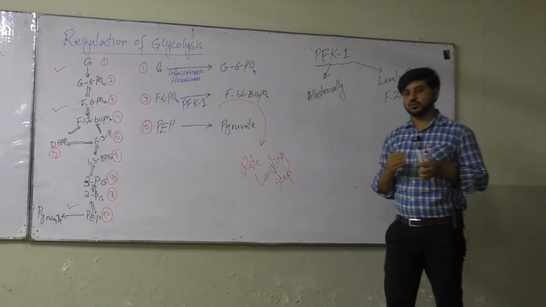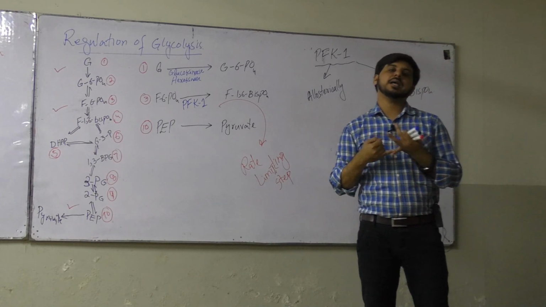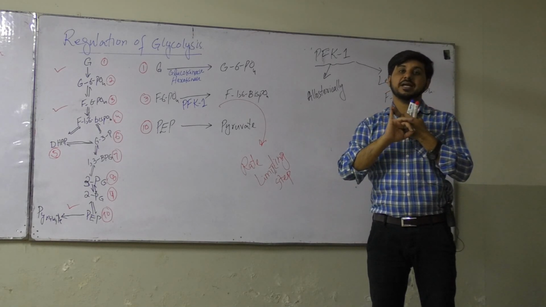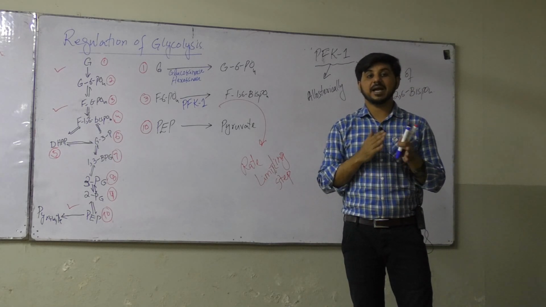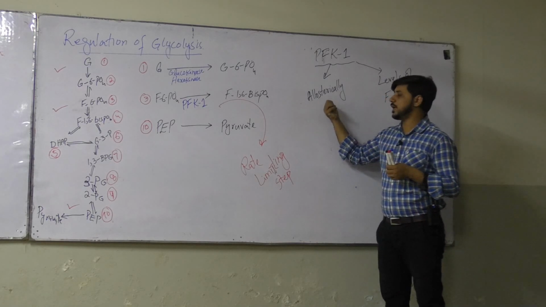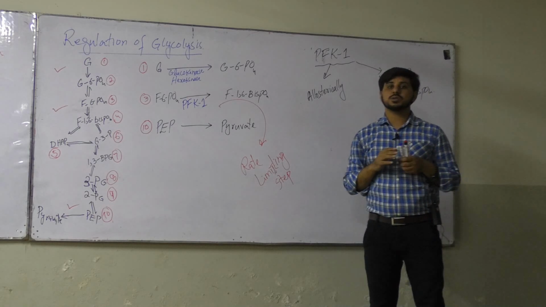Allosterically, as you know very well, allosteric means whenever a substrate or an inhibitor or an activator binds to the enzyme at a site other than the active site. Such compounds are called allosteric compounds, and such regulation is called allosteric regulation.